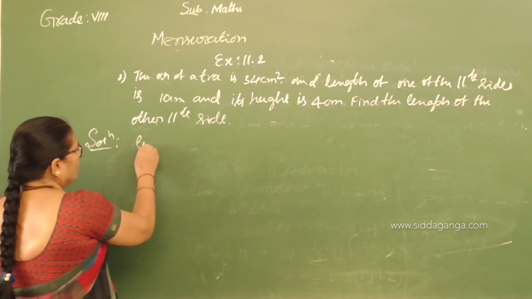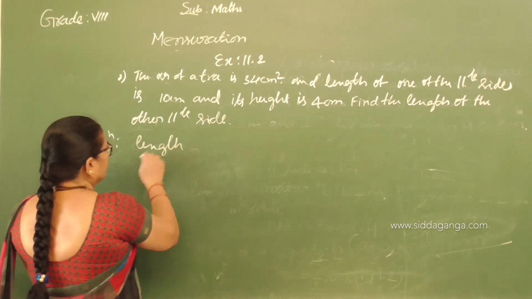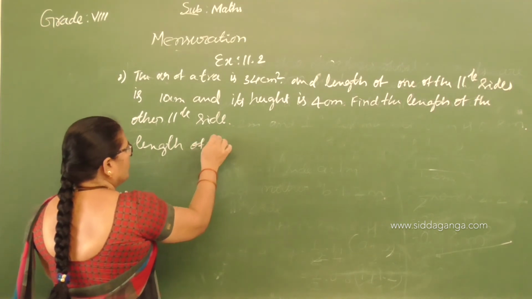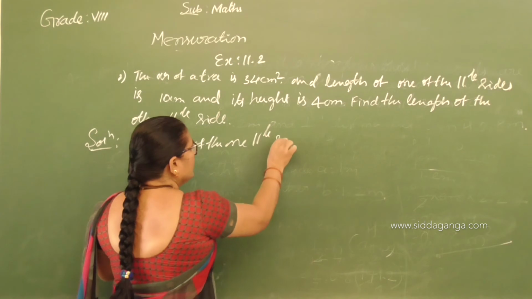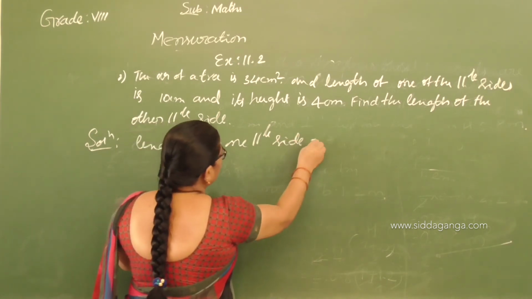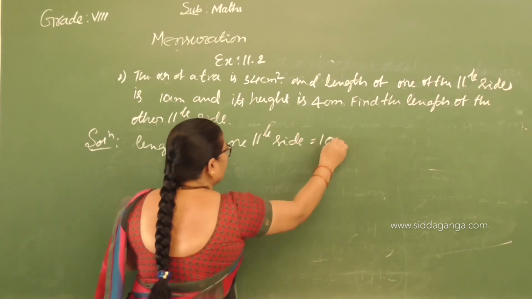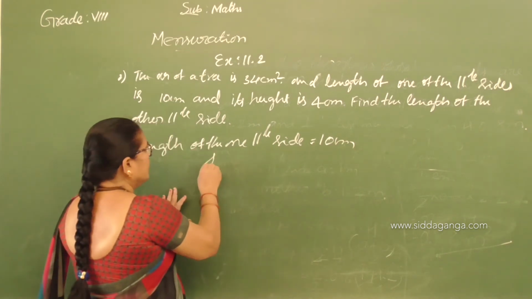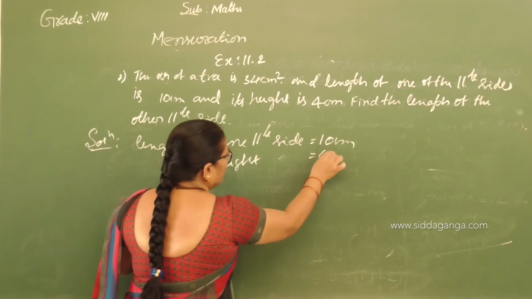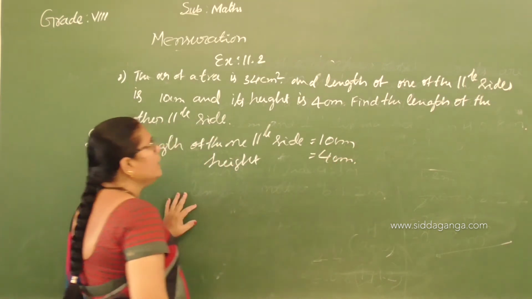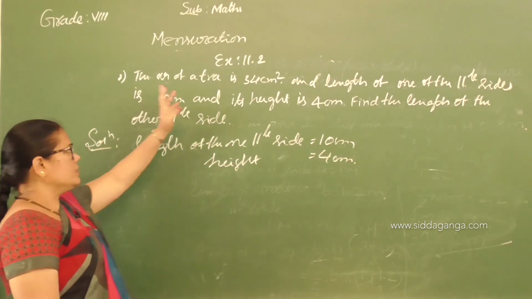So the length of one parallel side is equal to 10 centimeter. Then height is equal to 4 centimeter. Area of a trapezium is also given.